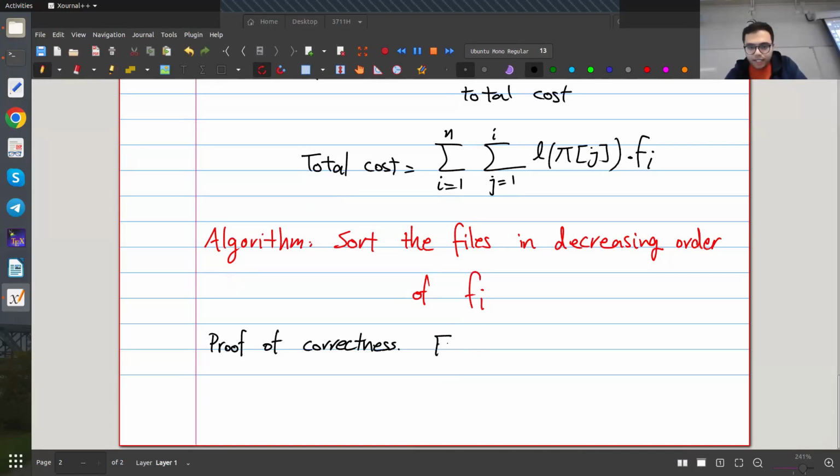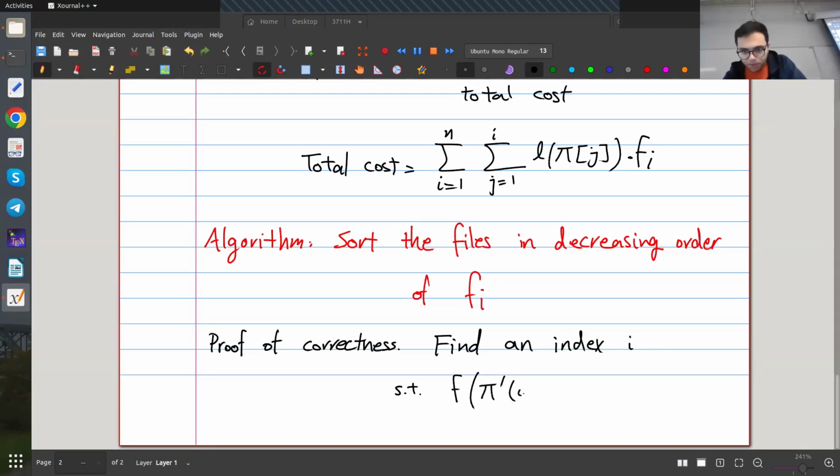So I just find an index I such that the frequency of the item that this other permutation put at position I is actually less than the frequency that this other permutation put at position I plus 1. Right? And now again, I say the same thing. I say swap whatever you have at positions I and I plus 1. And your cost will go down.